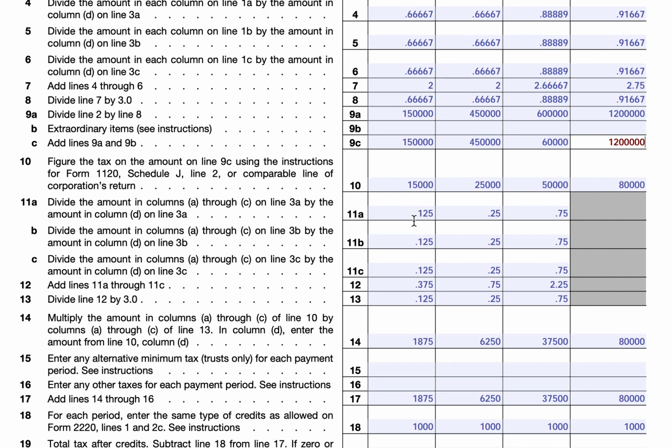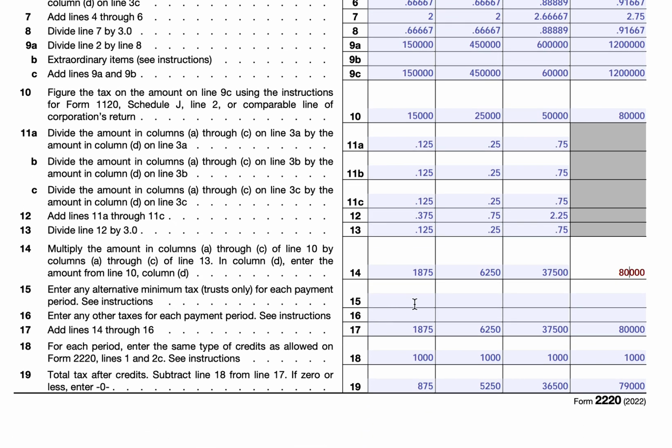So in column A, 15,000 multiplied by 0.125, you get 1875. 25% of the 25,000 is 6250, and 37,500, and then $80,000. In column D, you simply just drop this amount down here.